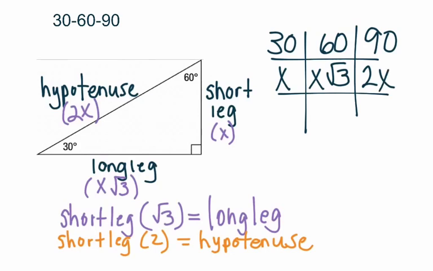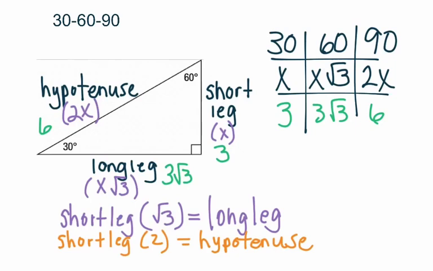For example, if we have that x is 3, then the long leg would be 3 times square root of 3, and the hypotenuse would be short leg times 2. So 3 times 2 is 6.